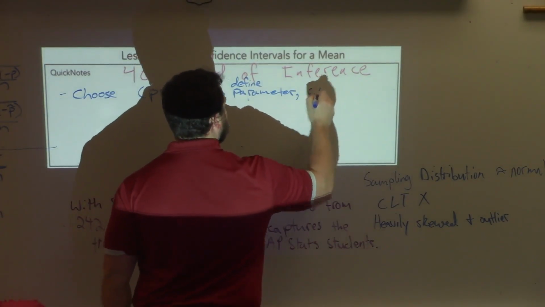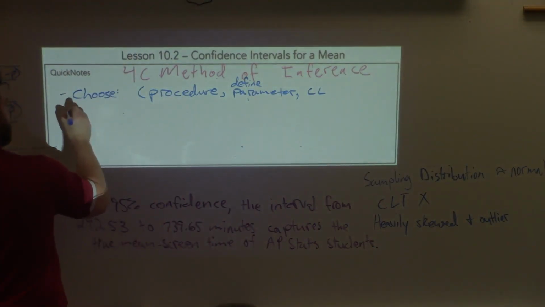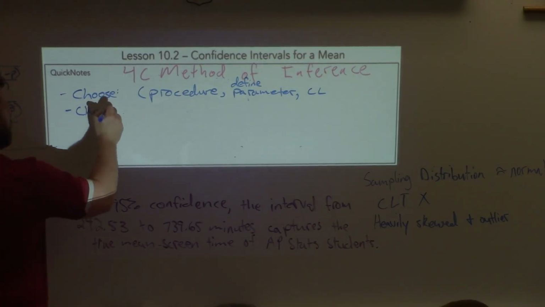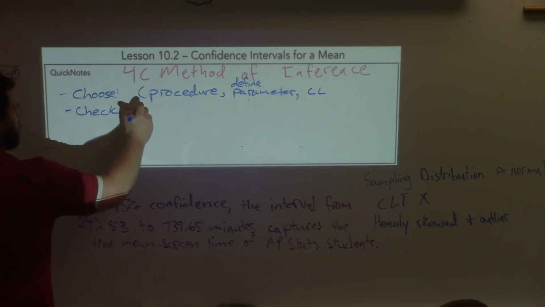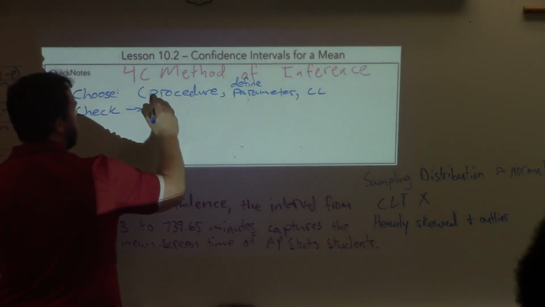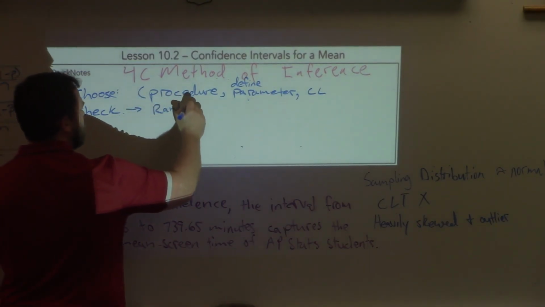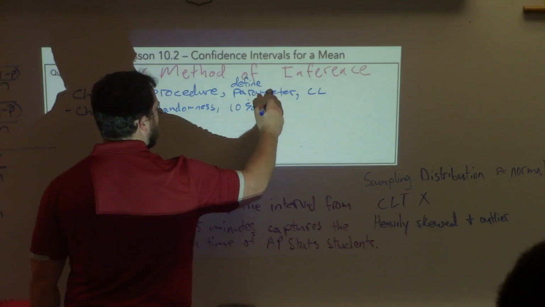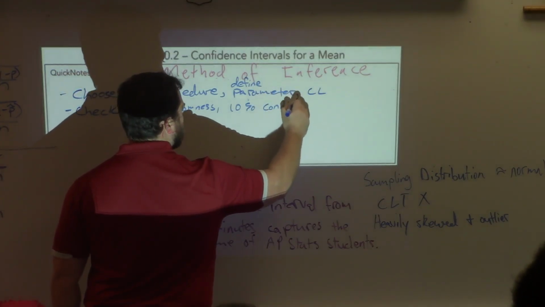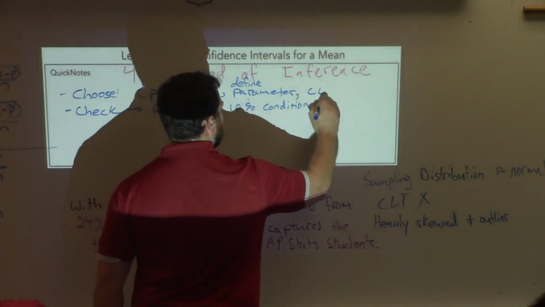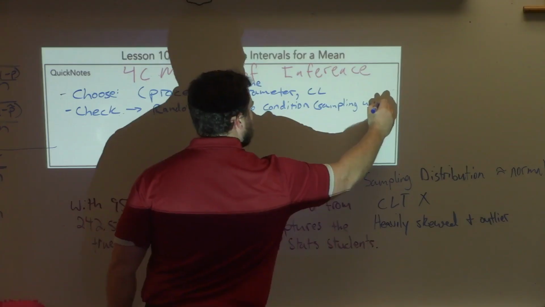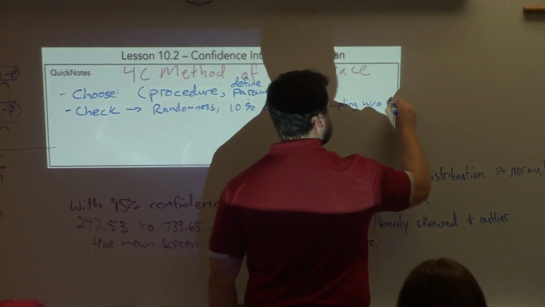Choose, then check, calculate. What conditions do we need to check? Randomness, the 10% condition when sampling without replacement, and normality. Now, what has to be normal though?